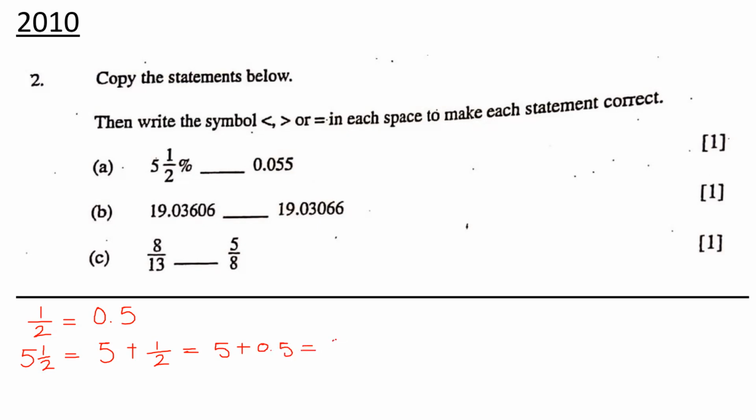Well, that's going to be equal to 5.5. And so 5.5%, written in terms of a decimal instead of a mixed number, let's write it with a decimal. So 5.5% is basically 5.5%.